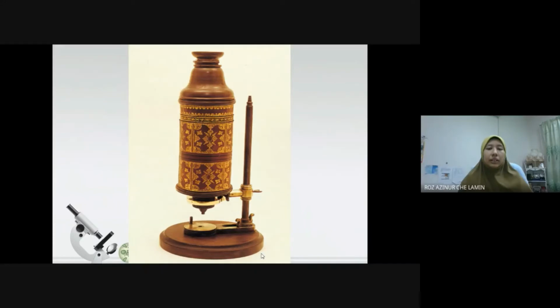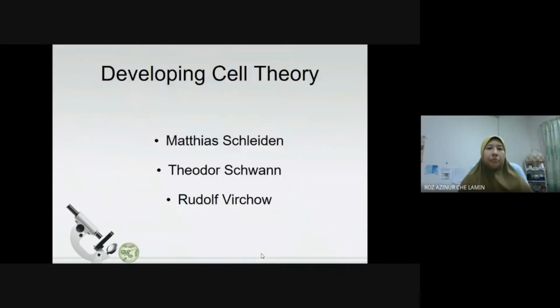Okay, this is the replica of the first microscope. There are three persons who developed the cell theory. First is Matthias Schleiden.